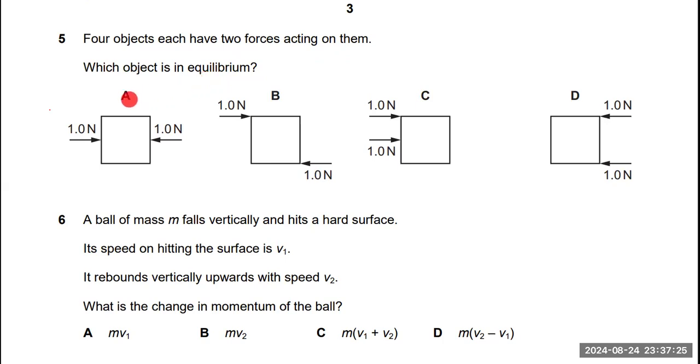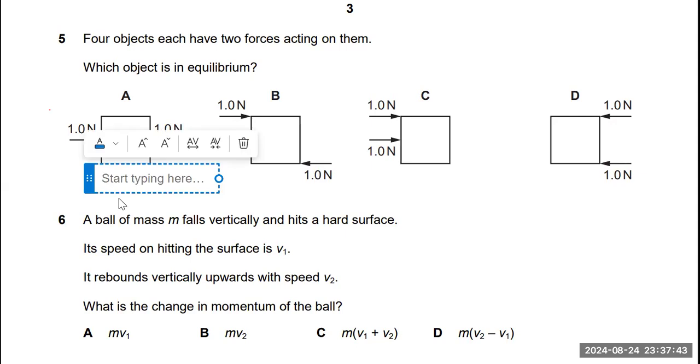So in the first option, I will write the solution for every one here. When two forces are acting in the same direction, then the forces are added. If two forces are acting in opposite directions, then the forces are subtracted. This is a key point.